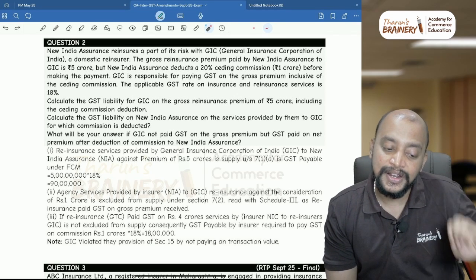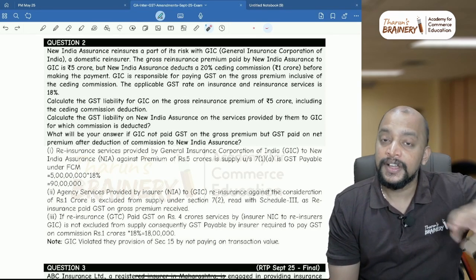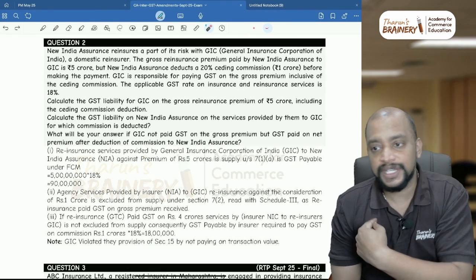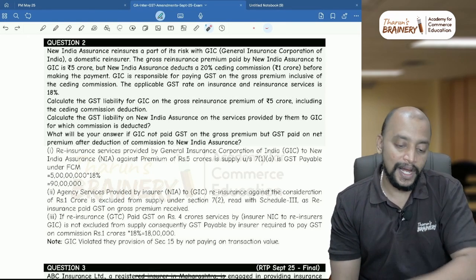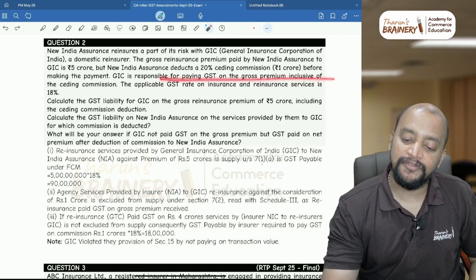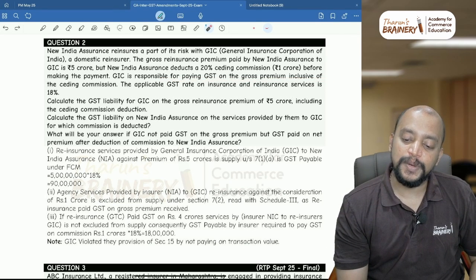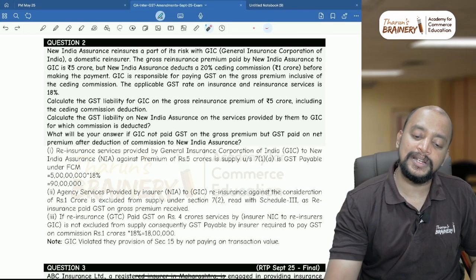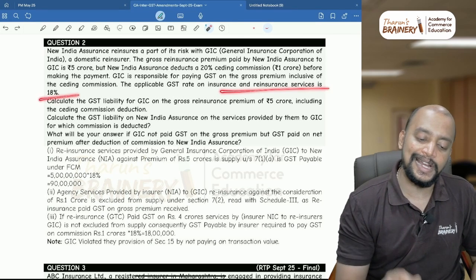So what is the reinsurance commission? They need to give 5 crore. From 5 crore, 1 crore is the commission they have to get. So 5 minus 1. That's what they are doing. GIC is responsible for paying GST on gross premium inclusive of the ceding commission. The applicable rate of GST on insurance and reinsurance is 18%.